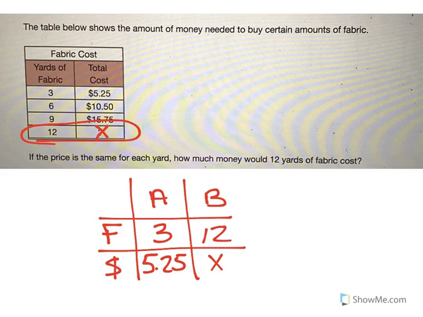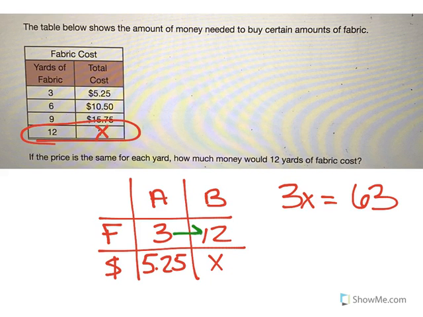Now, when I set this up as a proportion, I can solve it algebraically. I could cross multiply: 3 times x is 3x, and 12 times 5.25 is 63, and 3 times what equals 63? Of course, we already know the answer, and the answer is 21. Or an easier way for this one is, I like setting up tables because usually this will present multiple ways of solving it.